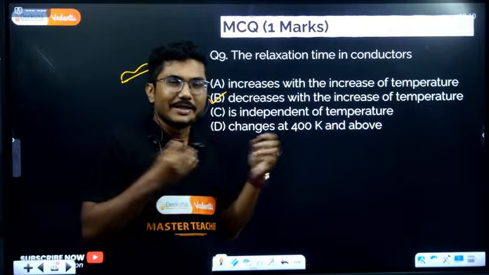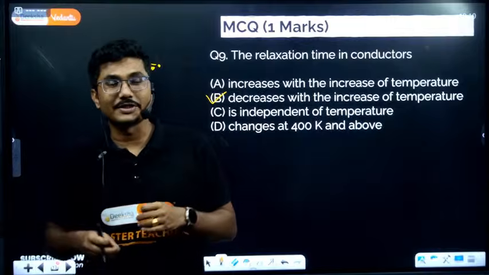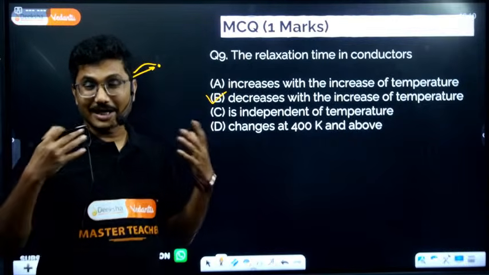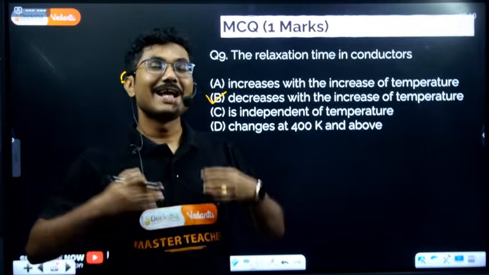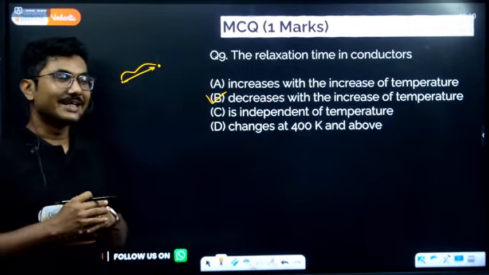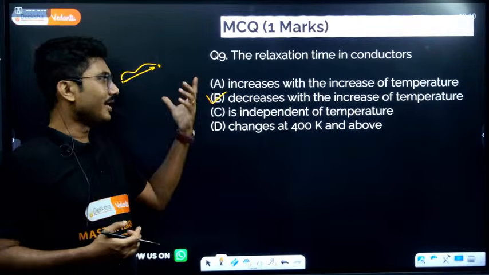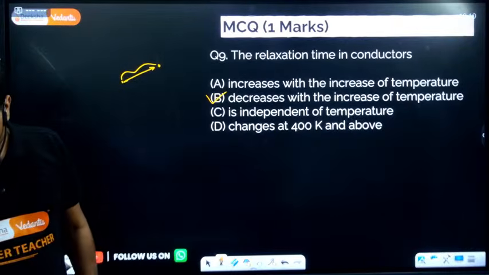Today is maths and biology, tomorrow is physics and chemistry, like that. So as your exams are approaching, your relaxation is decreasing. Same with the electrons: as the temperature increases, relaxation time decreases. So it decreases with increase in temperature, it is not independent of temperature.